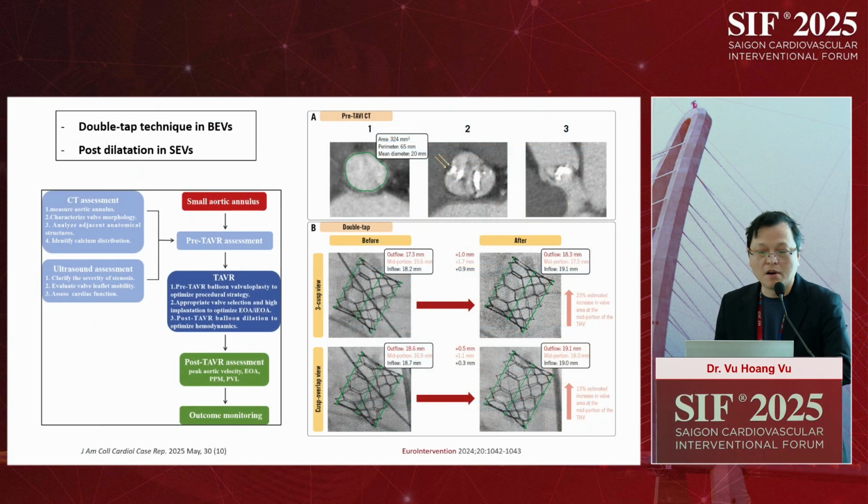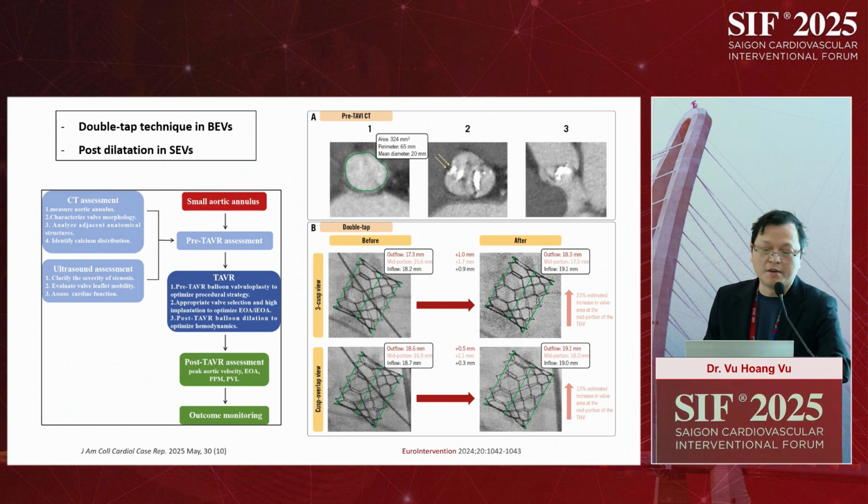And this is the slide that Dr. Swanley has. We have a small discussion about the post-dilatation of the valve. On the right-hand side, we have balloon-expandable valves with a small annulus of about 324 square.